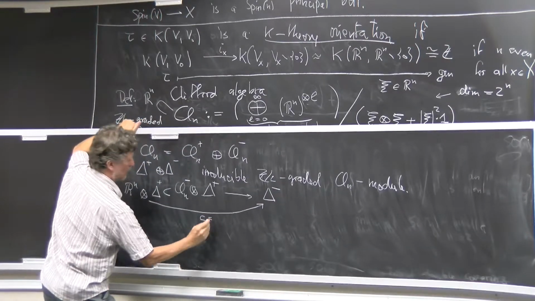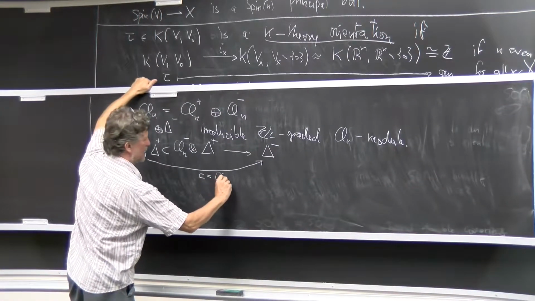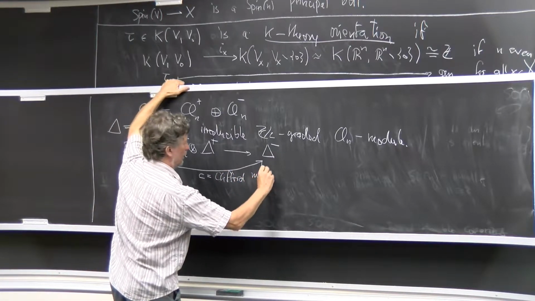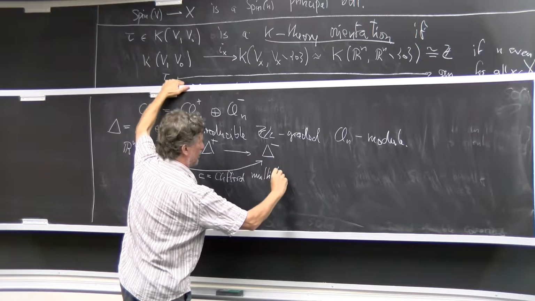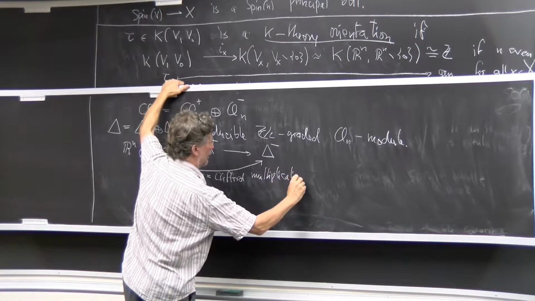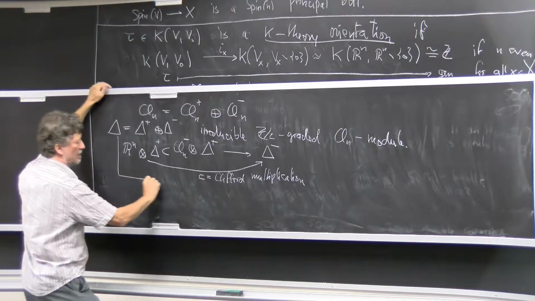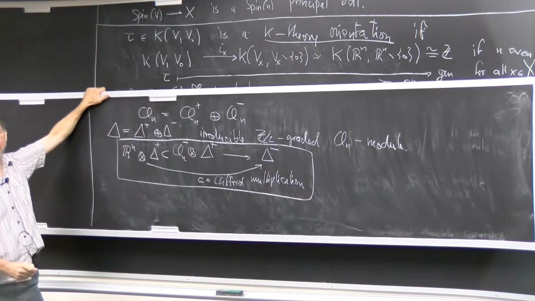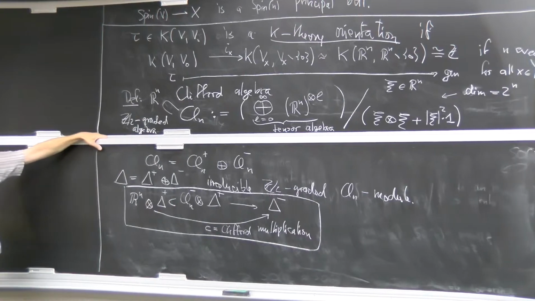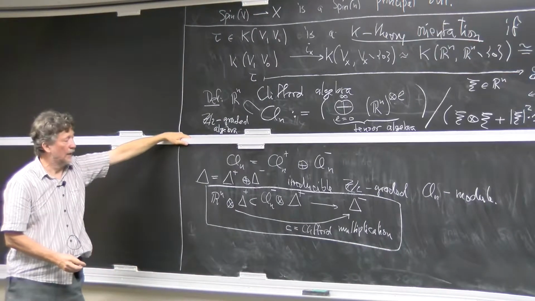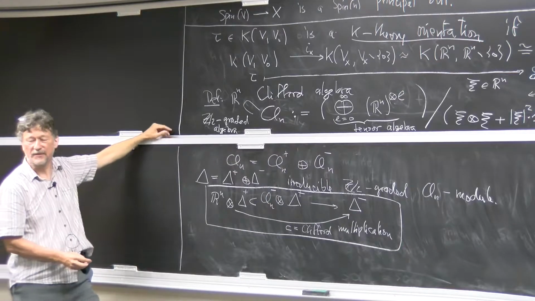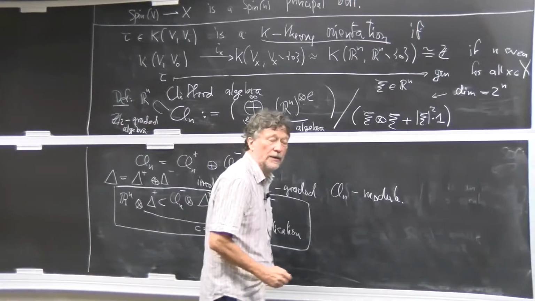I'll denote it by C, and this is called Clifford multiplication. Believe it or not, this is a very important ingredient of the constructions that I'm going to do. Any questions so far? Delta is an irreducible Z2 graded module over this Clifford algebra. Any other questions?